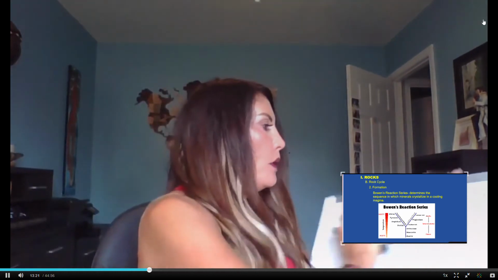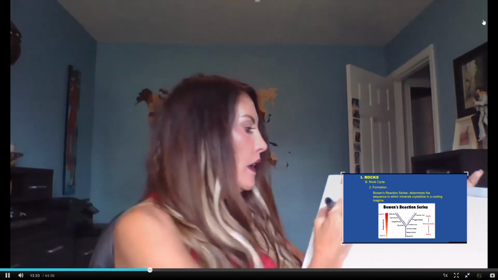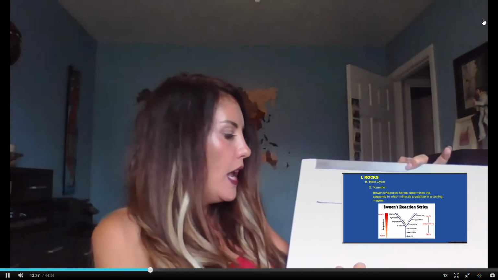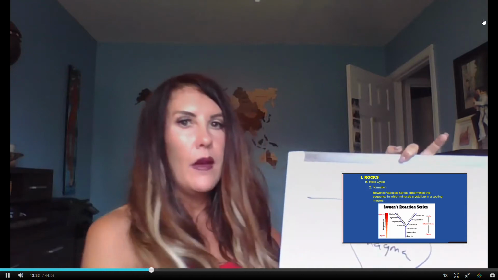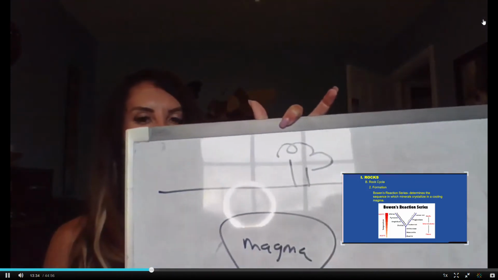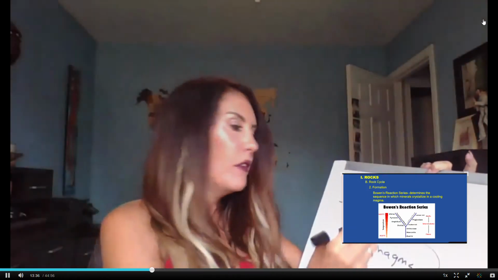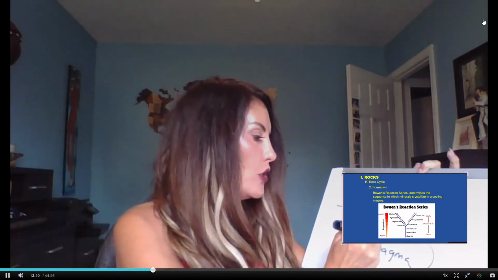So let's think a little bit more about that, whereby we have a surface, and let's just say we have a body of magma. Within that body of magma, we can have any mineral or element on the periodic table, right? So you can have calcium.